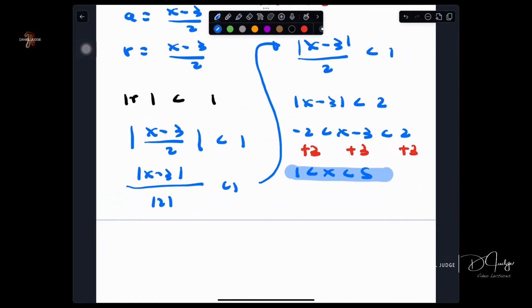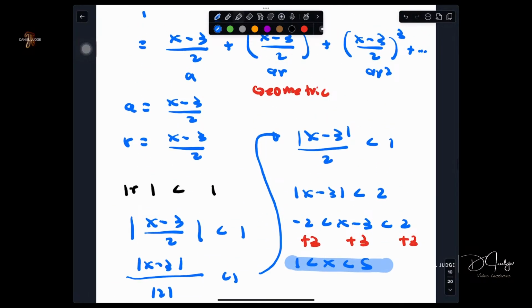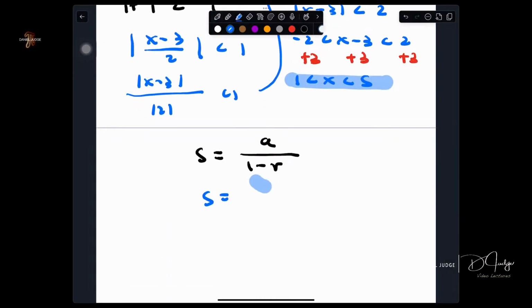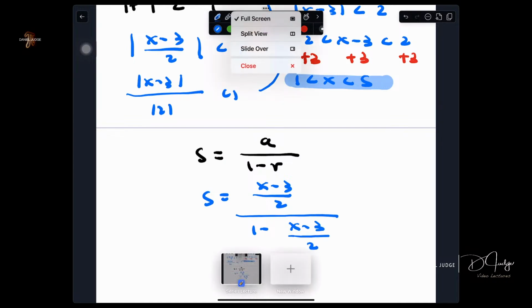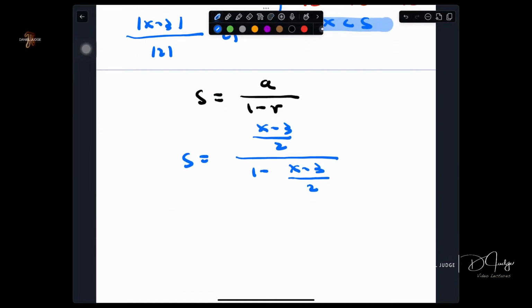The sum, if we look at that, what will it converge to? A over 1 minus r. Well, A is x minus 3 over 2, and r is the same thing. So there's going to be some algebra here. X minus 3 over 2 over 1 minus x minus 3 over 2. Still a little algebra here.